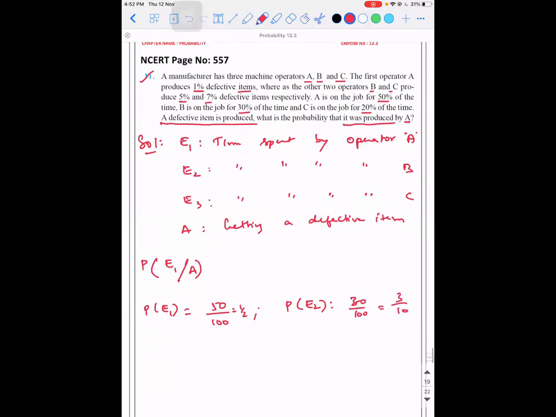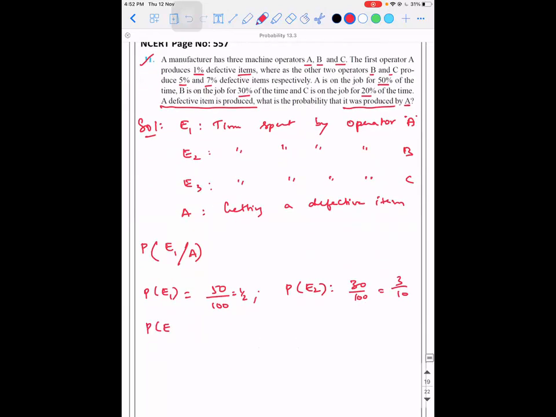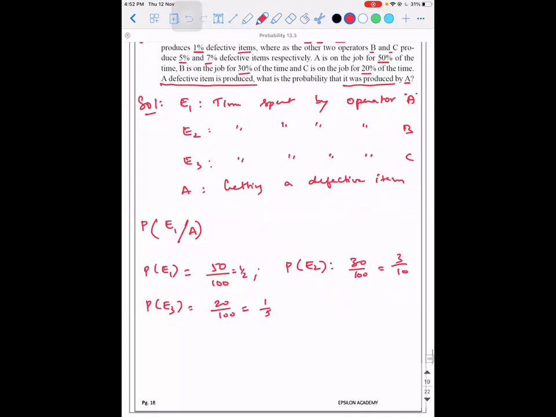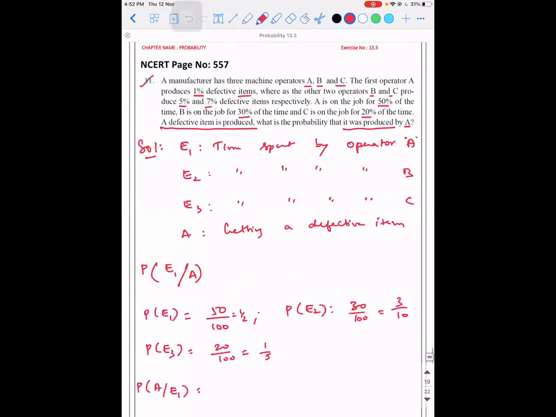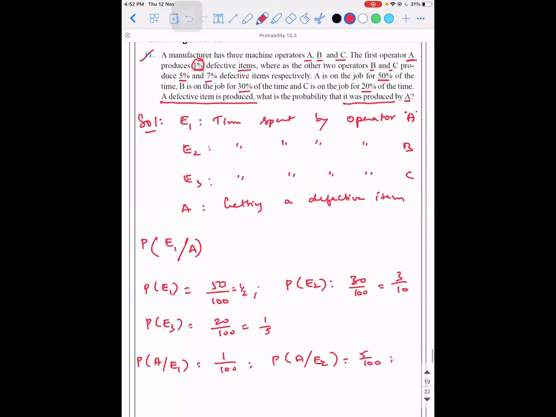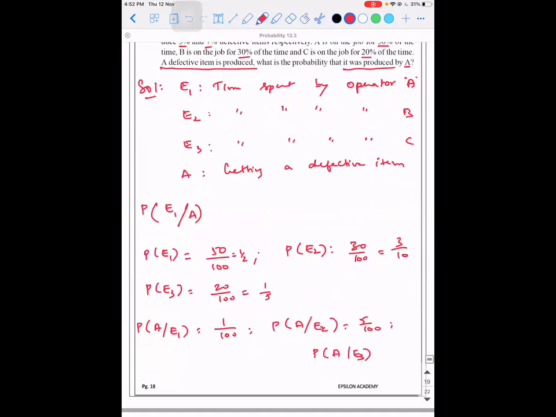What is the probability of E3, guys? 1 by 5. So what is the probability that you got a defective item, given that it has come from machine 1? The first operator A produces 1% defective, so the answer will be 1 by 100. What is the probability that you got a defective one from the second machine? 5 by 100. What is the probability that you got it from the third machine, A given E3? That is 7 by 100.